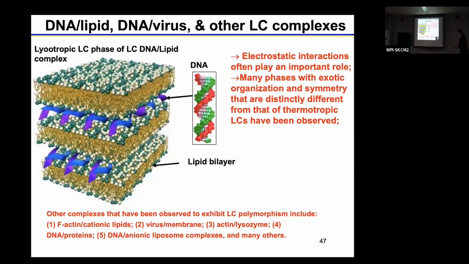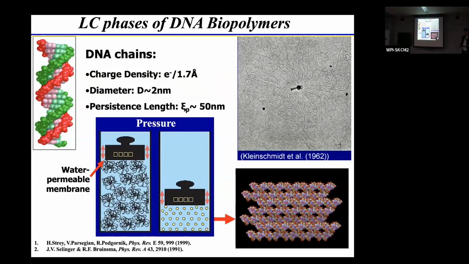But you can see in here some examples of phases that have been discovered in such systems where you can have DNA and lipid molecules, and you can form these alternating layers. And this is just an example. Many, many different types have been discovered.